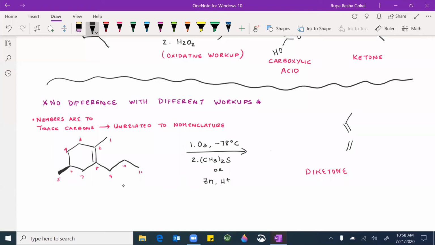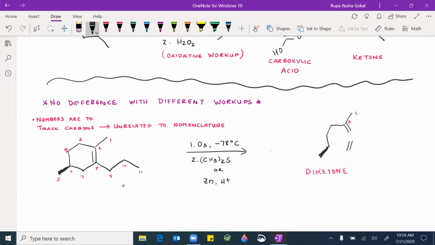So that means that here's carbon 1, here's carbon 2. 2 is still bonded to 3, which is bonded to 4, which is bonded to 6, which has this methyl on a wedge coming out of it, right?